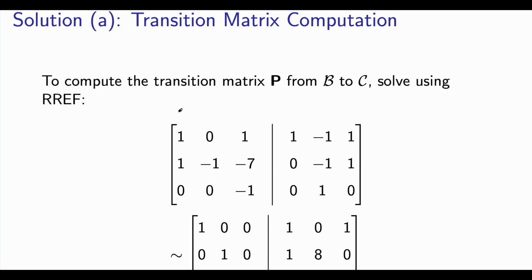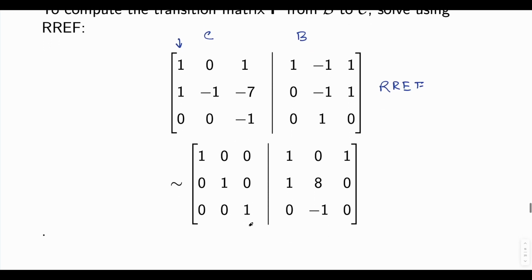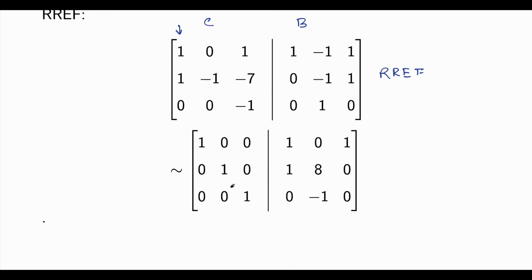So you write C and then B, and apply RREF. Then this becomes the shape of the identity and this becomes P. You take out this matrix and write P as that matrix. Your answer will be this matrix: 1, 0, 1, 1, 8, 0, 0, -1, 0, right?